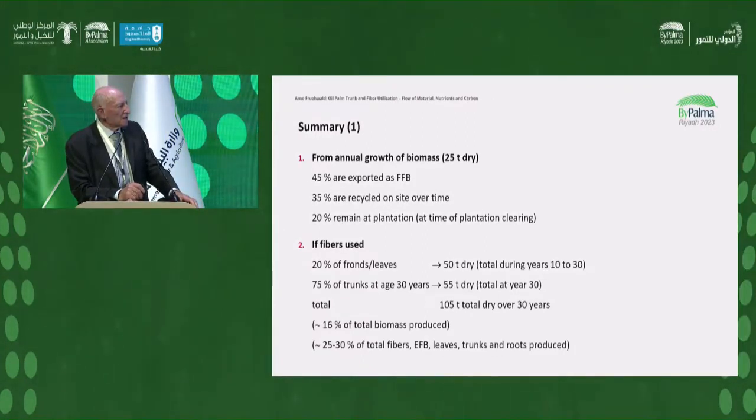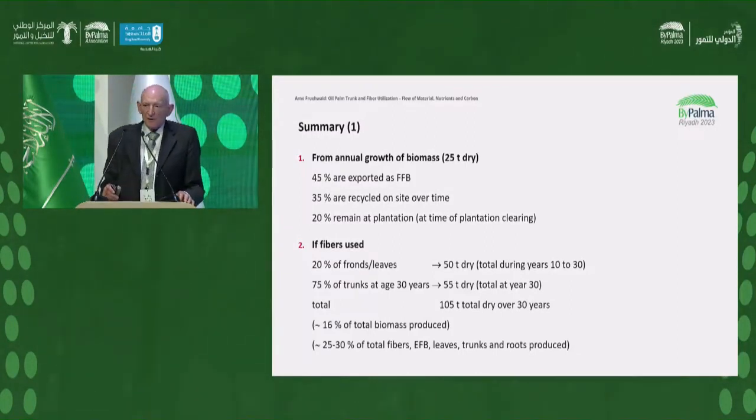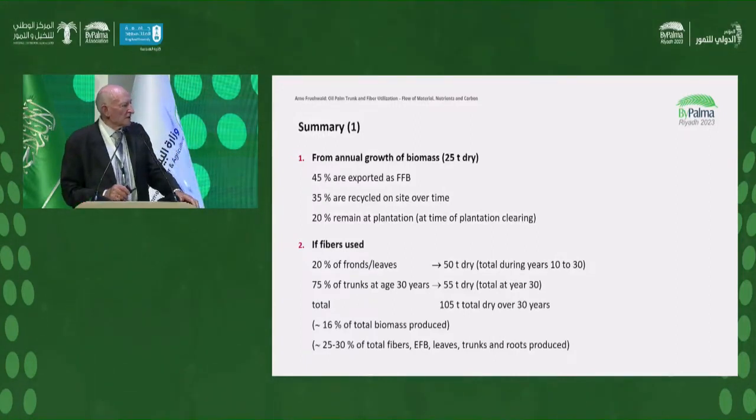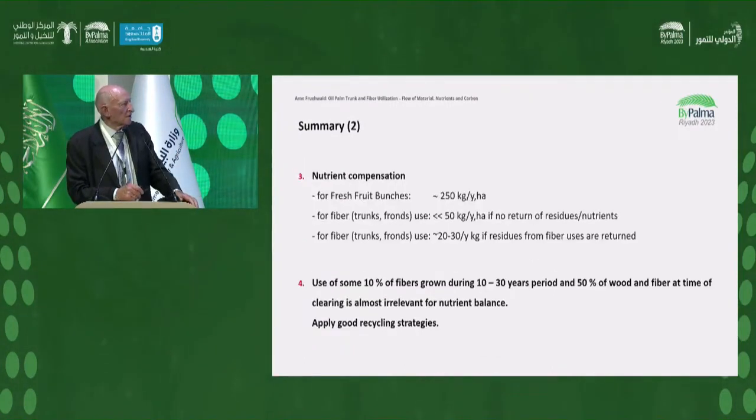So in total, we would have 105 tons over 30 years from 1 hectare. This is about 16% of all the biomass produced. So this is not a very big part of the whole biomass and the whole mass of nutrients.